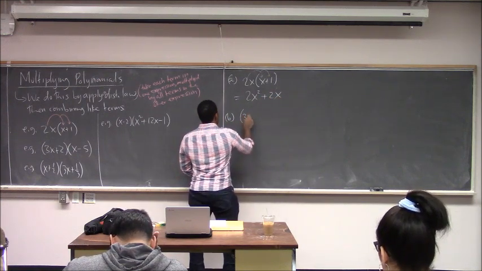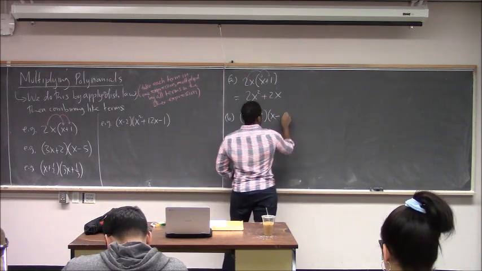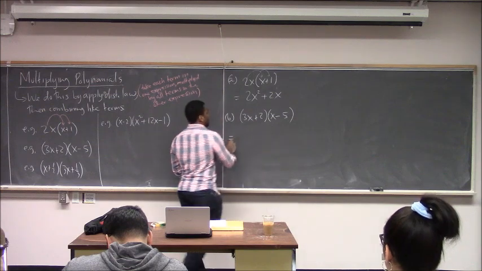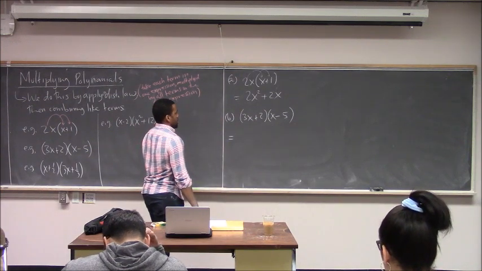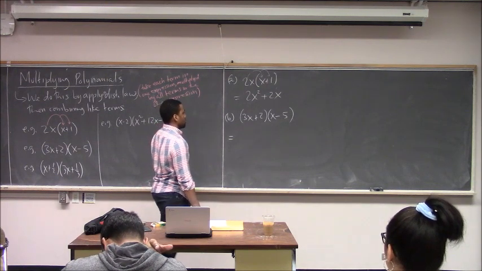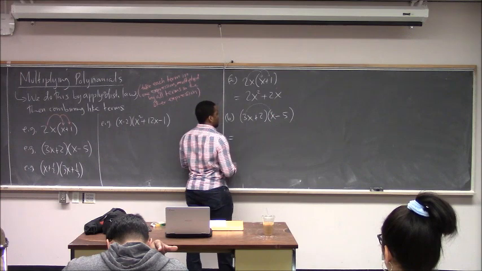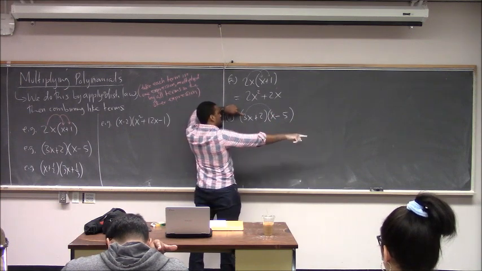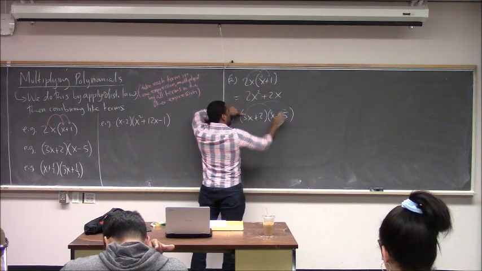If I look at 3x plus 2 times x minus 5, here's what I can do. Take the 3x, multiply this. I'm going to take each term and multiply every term in there. So I'm going to take 3x times this, then 3x times that.